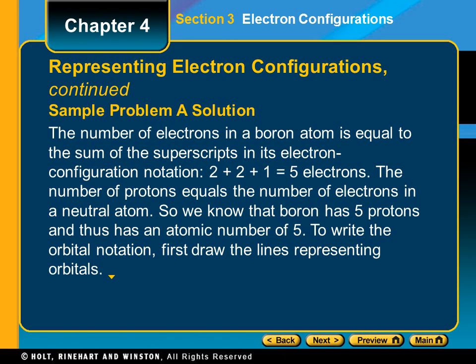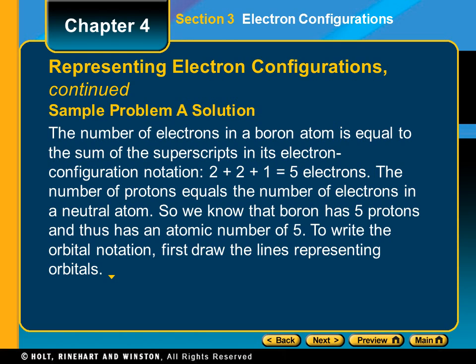In electron configuration, those superscripts will always be equal to the number of electrons. The number of protons equals the number of electrons in a neutral atom.